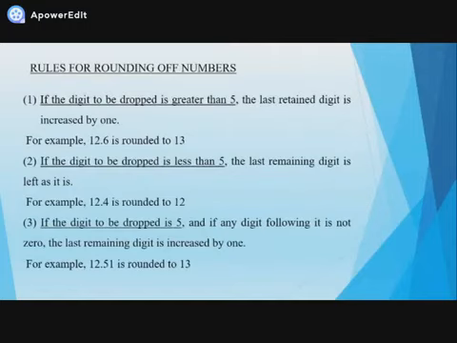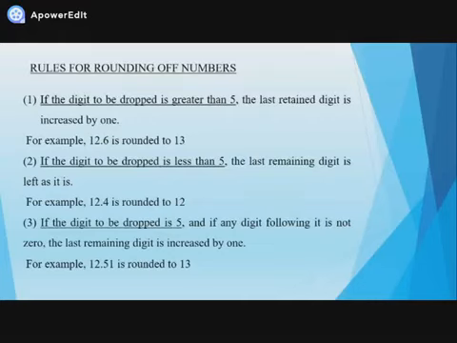Number 1 rule is if the digit to be dropped is greater than 5, then the last retained digit is increased by 1. For example, 12.6 is rounded to 13. Number 2. If the digit to be dropped is less than 5, the last remaining digit is left as it is.